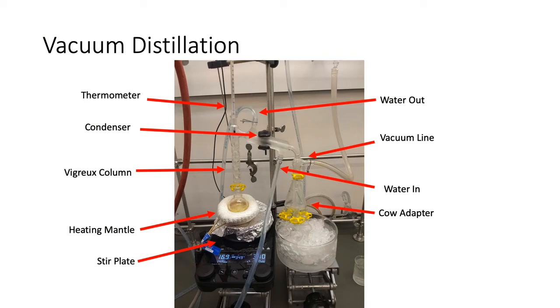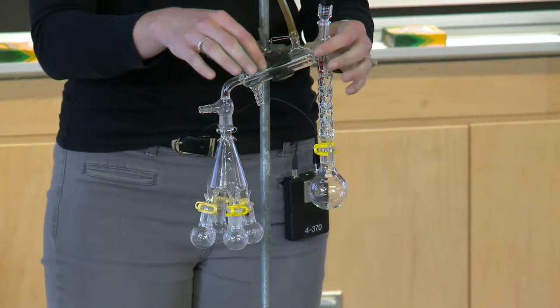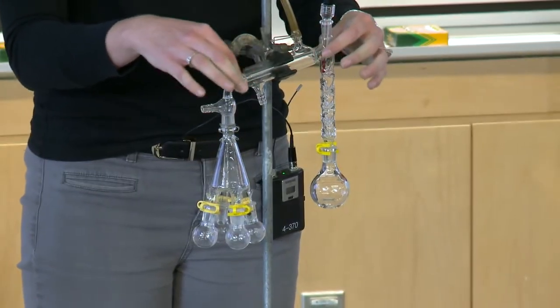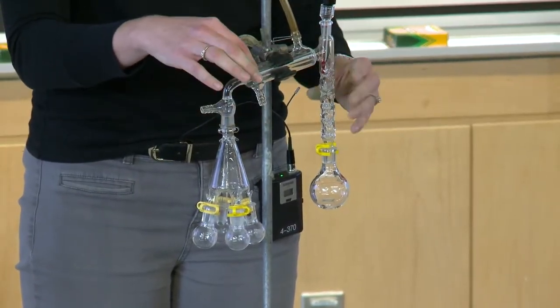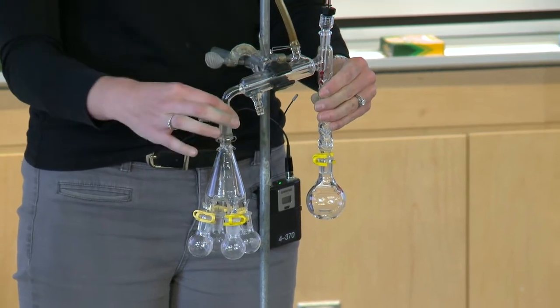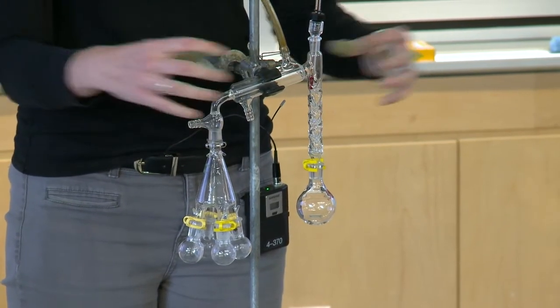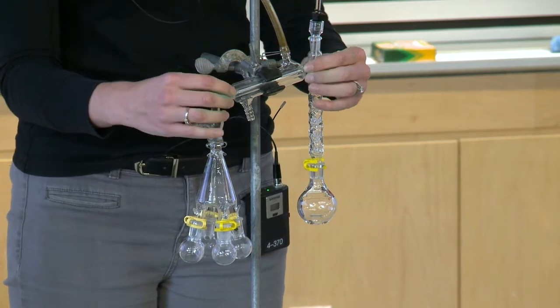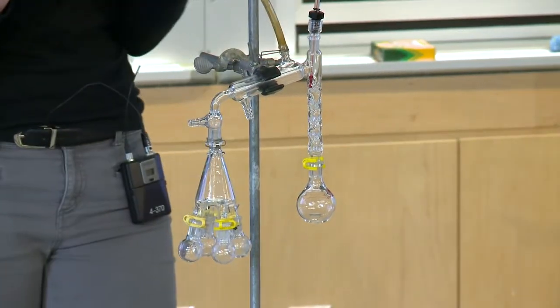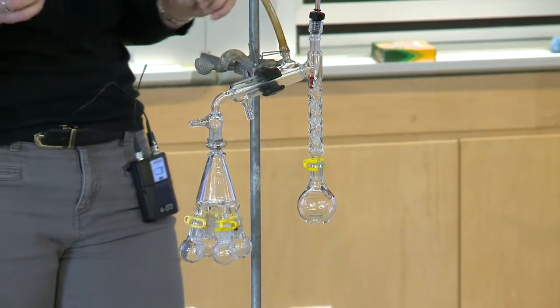This distillation setup is identical to the one that you will be setting up in the lab. And this is kind of nice because the glassware is all sealed together. Your column, your condenser, and your distilling head over here have all been made as one piece, so you have fewer joints where you could lose your vacuum.